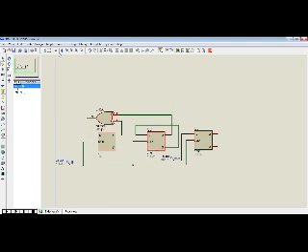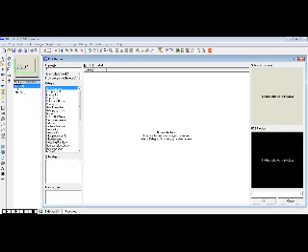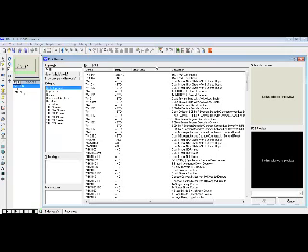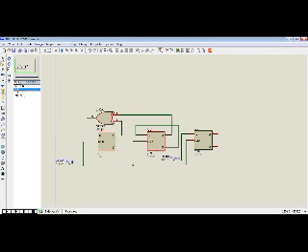We connect a display section and start with the decoder. That's our decoder. We connect the inputs C to the most significant bit, B to the next, and A to the least significant bit.